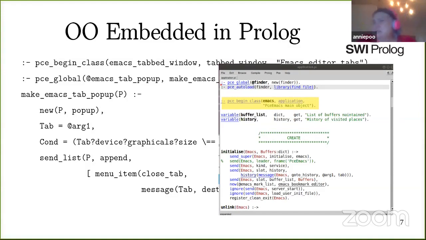The way this is implemented is that PCE begin class is actually arbitrary Prolog code executed as the reader reads in the file. It installs a hook into the reader and alters the code as it's coming in. So what the downstream compiler sees is Prolog.